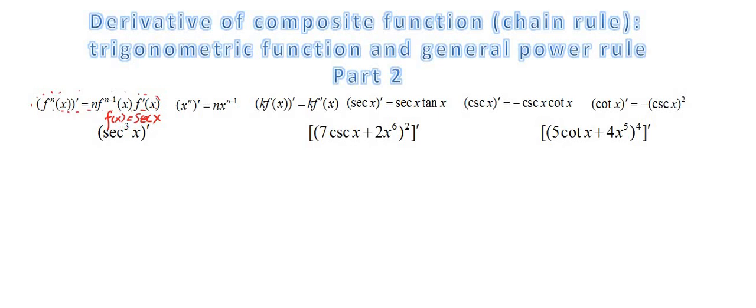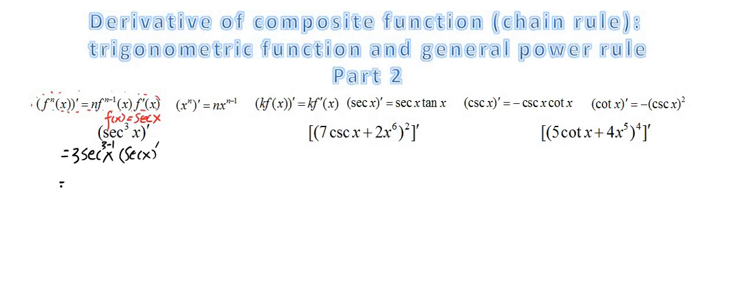So we can directly plug into the formula. We have 3 times secant x to the power 3 minus 1, and the derivative of f(x), which is secant x prime.